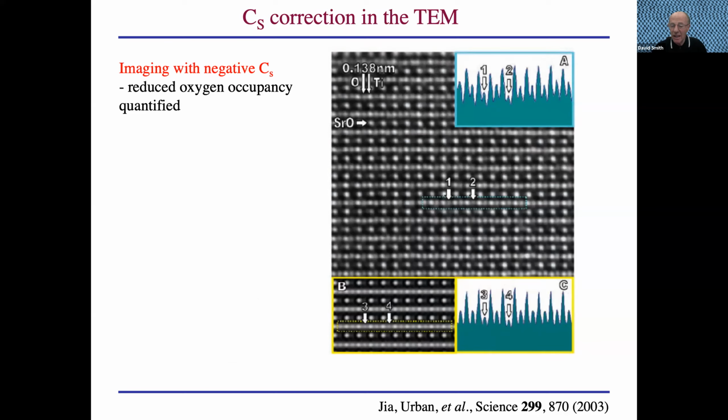And Jia and Urban were able to see when there were missing oxygen atoms. So not only were they able to resolve and distinguish the oxygen atomic columns of low Z, they could even tell you when some were missing.